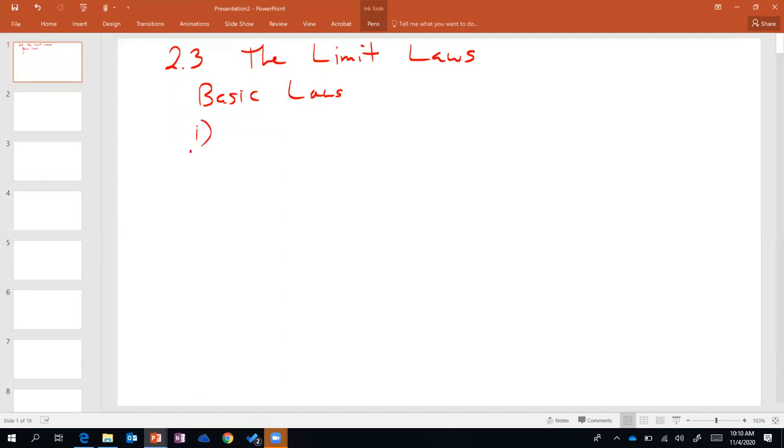The limit of x as x goes to a equals a. Perfect. So if it's a constant function of c, the limit of x, that gets you a. Cool. And then the second one.